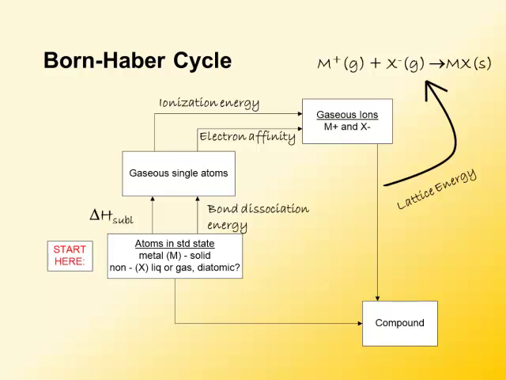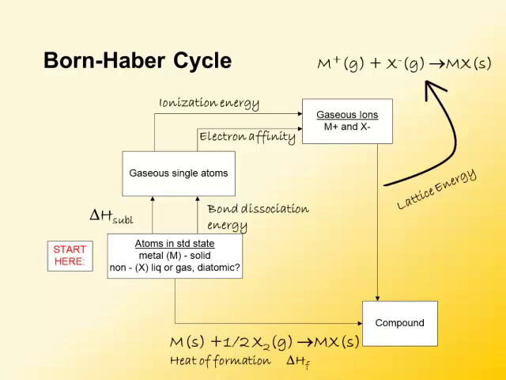What do we call the formation of 1 mole of a compound from its elements in their standard states? That's the heat of formation reaction. That's a known value for lots of compounds, a value you can look up in a textbook.